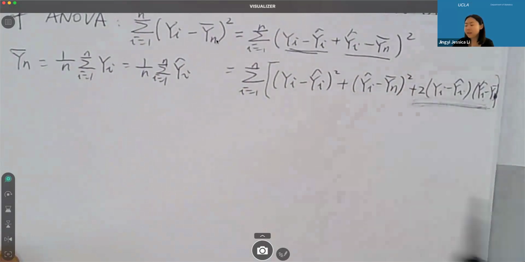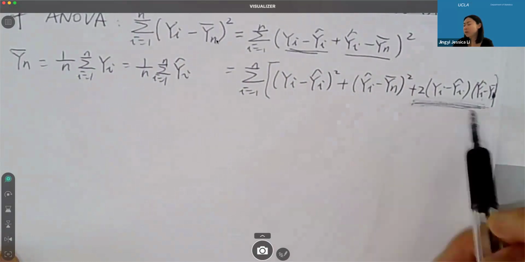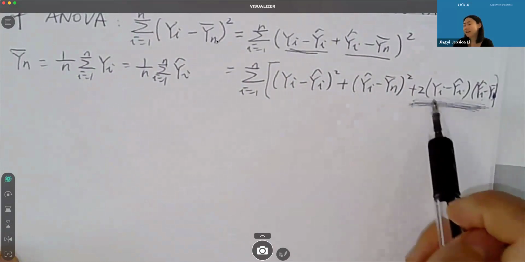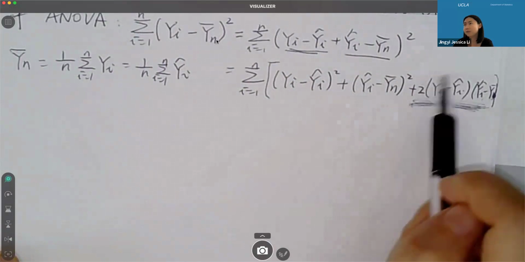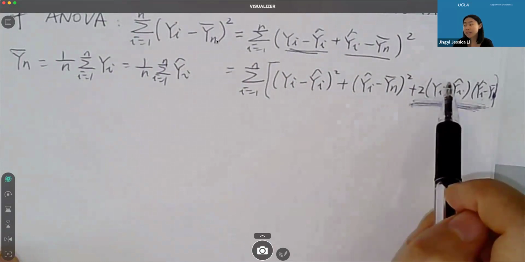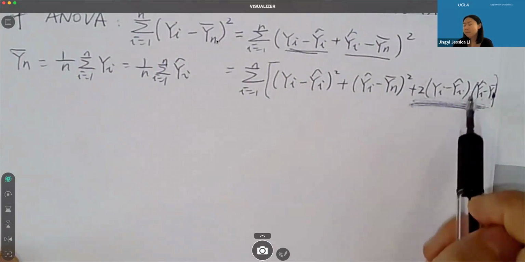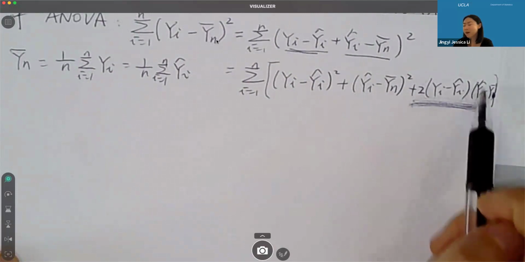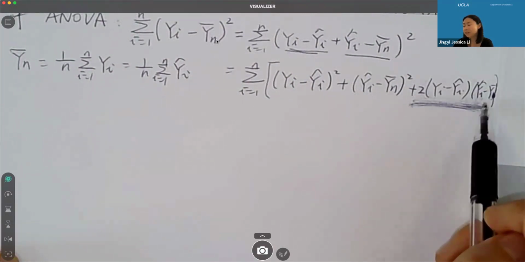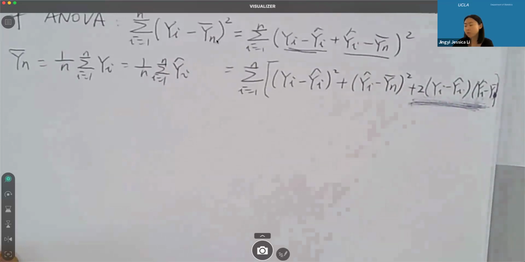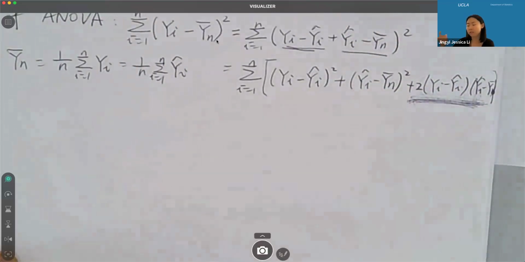And you may make use of the matrix form again, like the inner product. It can be considered as the inner product between the residual vector e and y hat, the fitted value vector, minus y bar times 1. So you can verify this sum is 0.